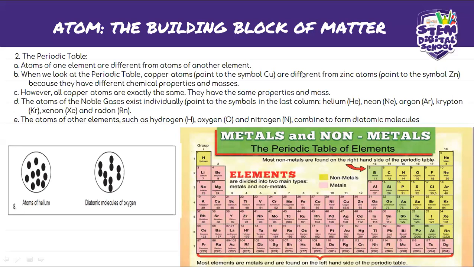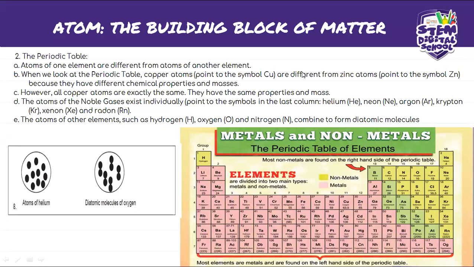They exist individually because they cannot react with other atoms of their own kind. Why? Because their outermost shells, the electrons there, are already paired up. And because they are already paired up, they cannot react with another element. So that's why they exist in single.